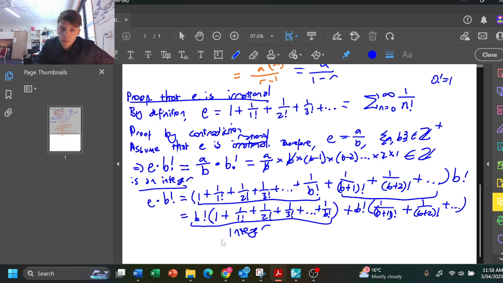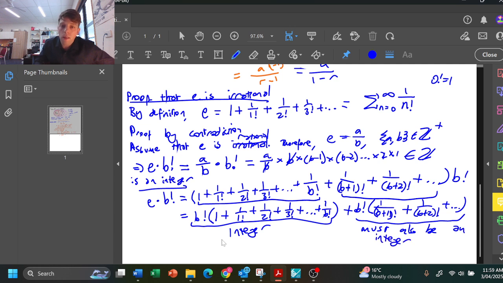Now, if we accept that this whole thing, e times b factorial, must be an integer, which is what we set up here, right? So we said that when we take this a over b factorial, which we're assuming is equal to e, and multiply it by b factorial, we will get an integer. If we now know that this first part of the summation is an integer, that means that the second part of the expansion must also be an integer.